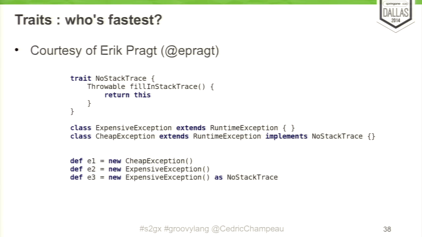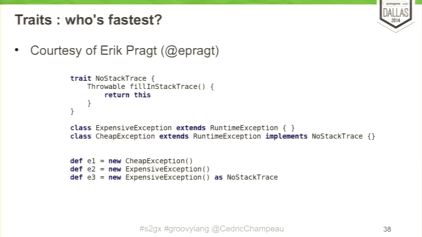So runtime coercion is important to understand because I had a question from Eric Pratt, someone quite famous in the Groovy community. He was telling me, okay, I want to do that, which is inspired from Scala. In Scala, they have a no-stack trace trait, so normally you can override fillInStackTrace and have fast exceptions.